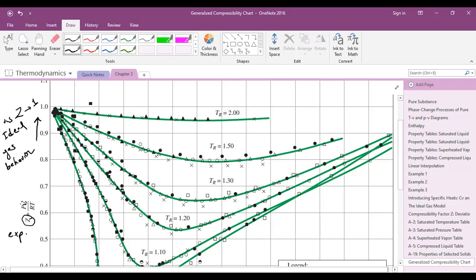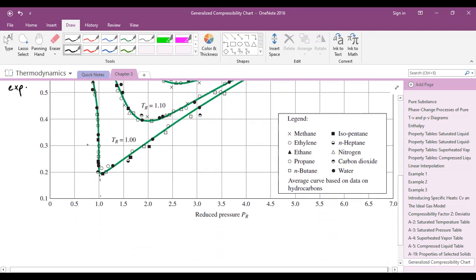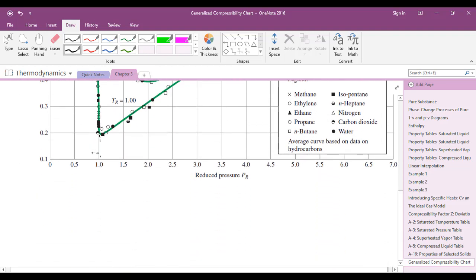So in this region, whatever the value of the reduced temperature, we can assume ideal gas behavior. This region is characterized by very low values of reduced pressure.